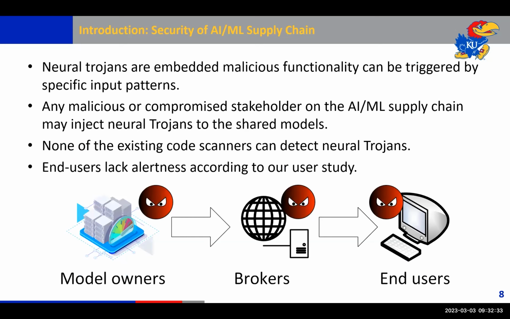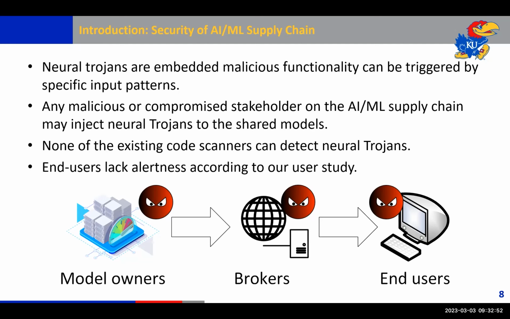But we know that deep learning models are not secure at all. They are vulnerable to a series of attacks. A very popular family of attacks recently is neural Trojans, which are malfunctions embedded inside the models to trigger the model to misbehave.